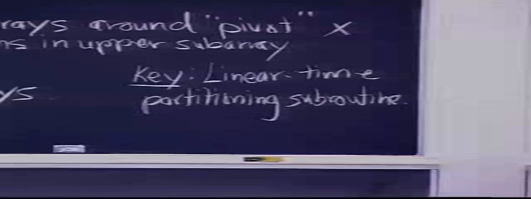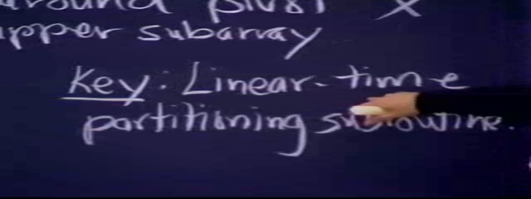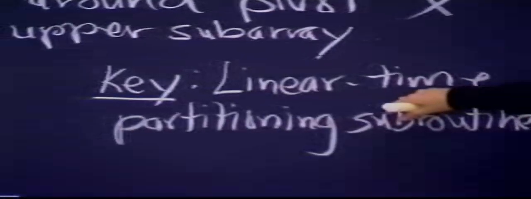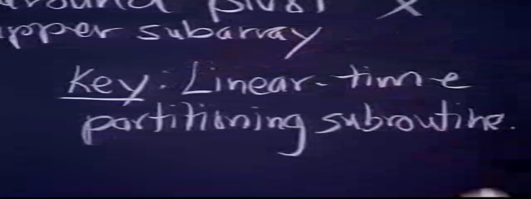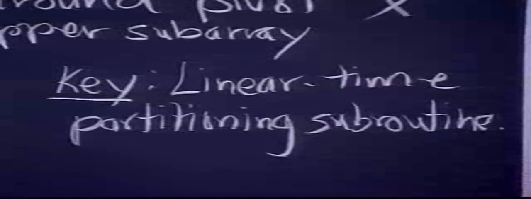That's what we're going to look at next. Linear time means it runs in order n time, where n is the number of elements you're partitioning. So that's what we mean by linear time, order n.